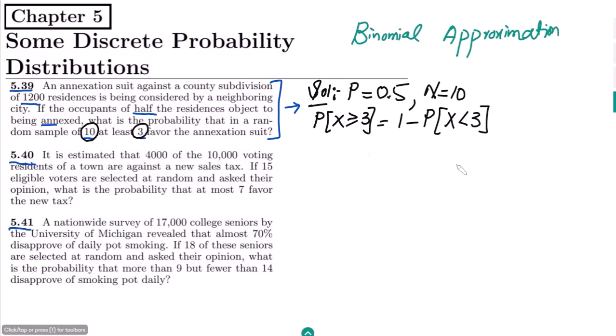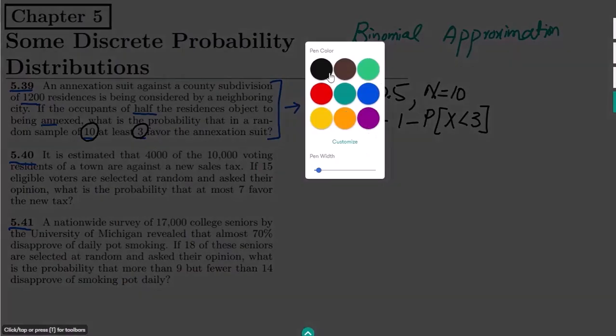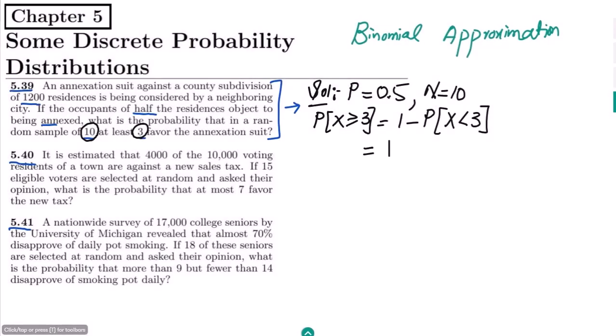So it would be 1 minus the probability that X is less than 3, with K from 0 to 2, since all these values are less than 3. Using the binomial theorem, it is N choose K, where N is 10, the probability of annexation P is 0.5 raised to power K, and 1 minus 0.5 raised to power 10 minus K.